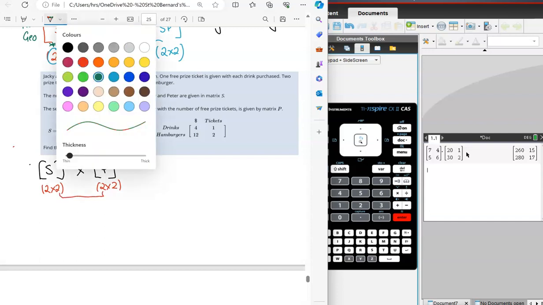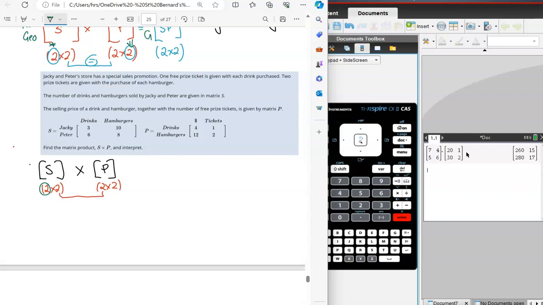But let's just make sure, we're taking this one's rows and this one's columns. So this one's rows is Jackie and Peter, and this one's columns are money and tickets. So when we end up with our answer, we know that we're going to have Jackie and Peter, money and tickets.